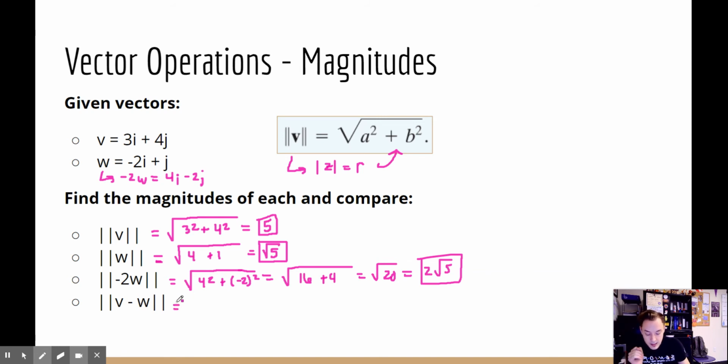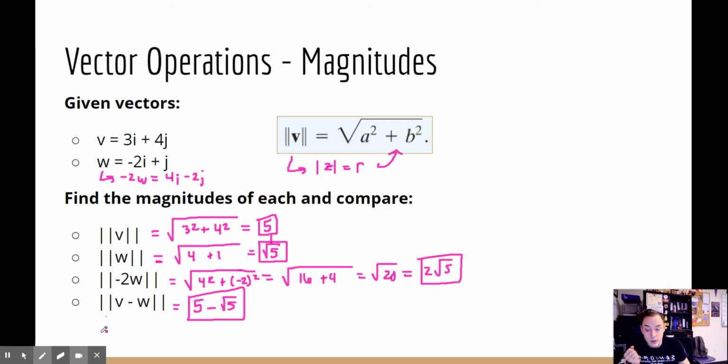Magnitude of v minus w. Now, when I do this, all I really have to do, guys, is look right here. I already found the magnitude of v. I already found the magnitude of w. So I just need to take 5 minus radical 5. And that's all I need to do. Now I just need to subtract them.